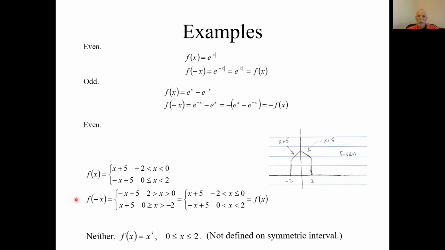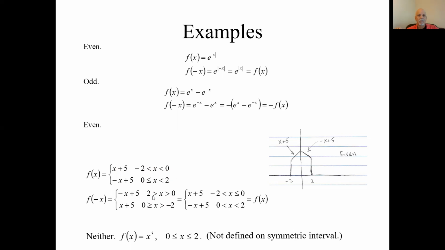Here's an example that's more complicated. Here's the function. Determine if that's even or odd. In this case, to me, it's easier to plot it and look at the graph. Because if you do it algebraically, you have to be careful. It's not just the function itself, it's these limits. You have to do some inequality algebra.